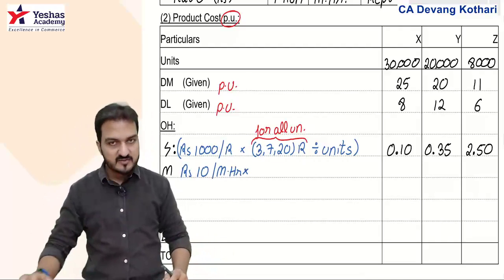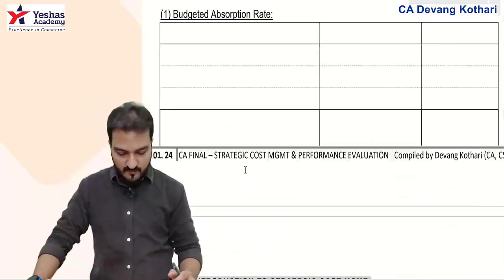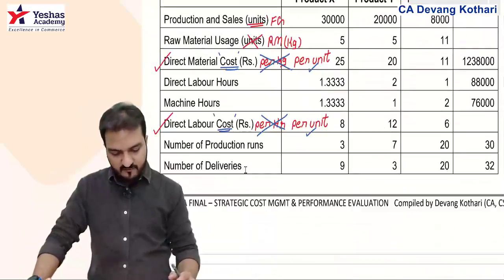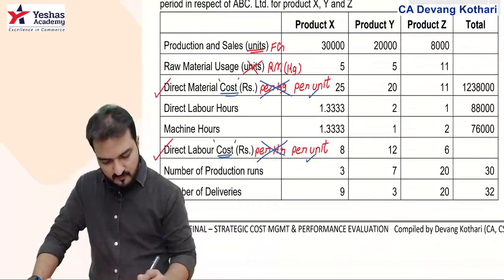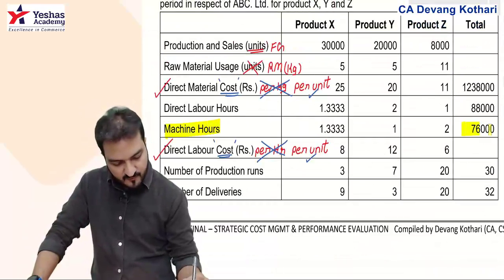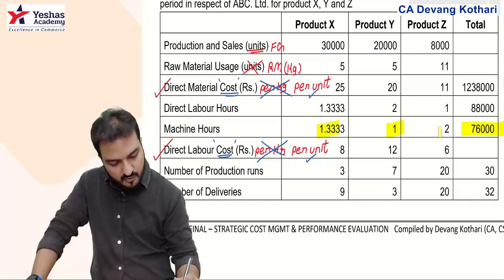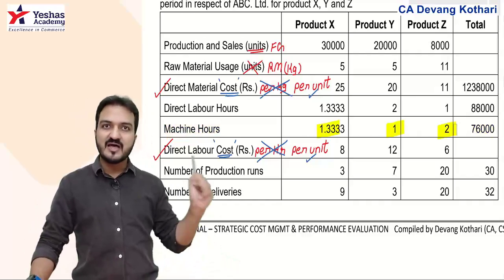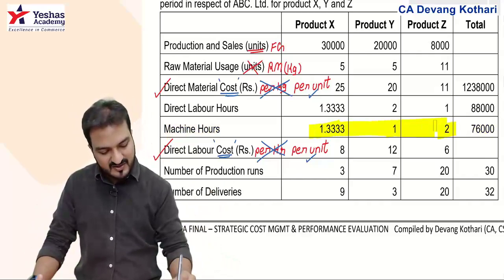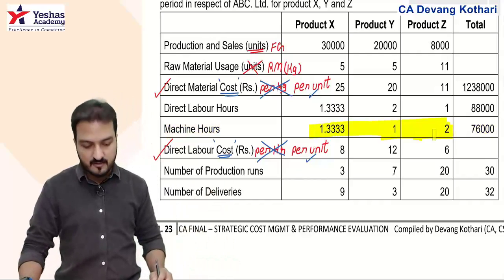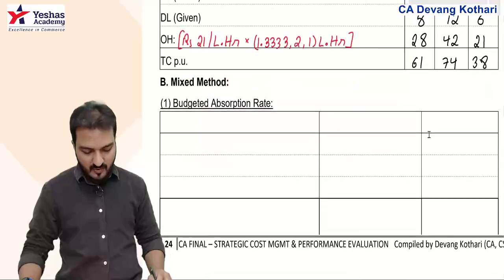How much machine hours are needed for XYZ? You are told here, dekho, in the very first table, you were given machine hours for the company as a whole total, but you are also given machine hours product wise for X, Y, and Z. That product wise machine hours is what I will use there. 1 unit of X, Y, and Z requires how many machine hours?